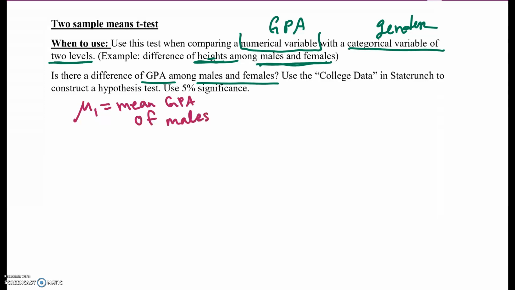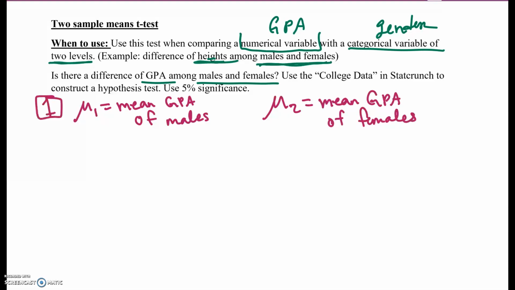Very similar to the way that we did it with proportions. Mu2 is going to be the mean GPA of females. So sample number 1 is the mean GPA for males. Sample number 2 is the mean GPA for females. My null hypothesis, H0, is going to be that mu1 equals mu2, which means that the GPA between males and females is the same.